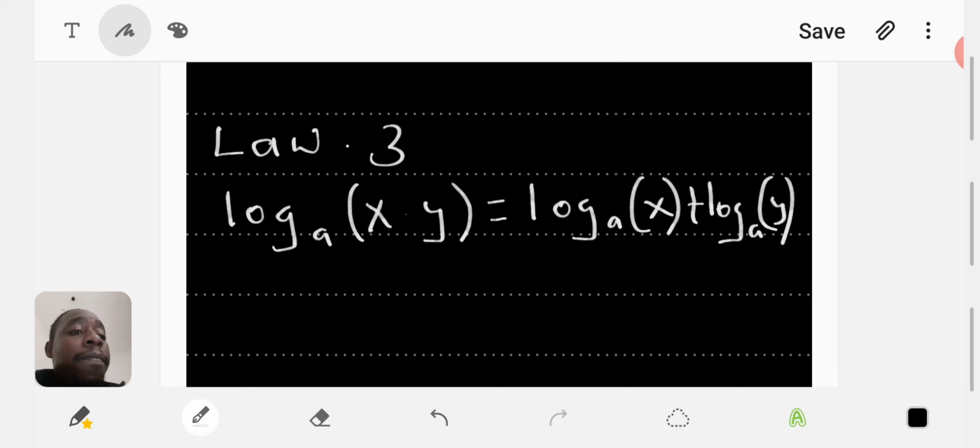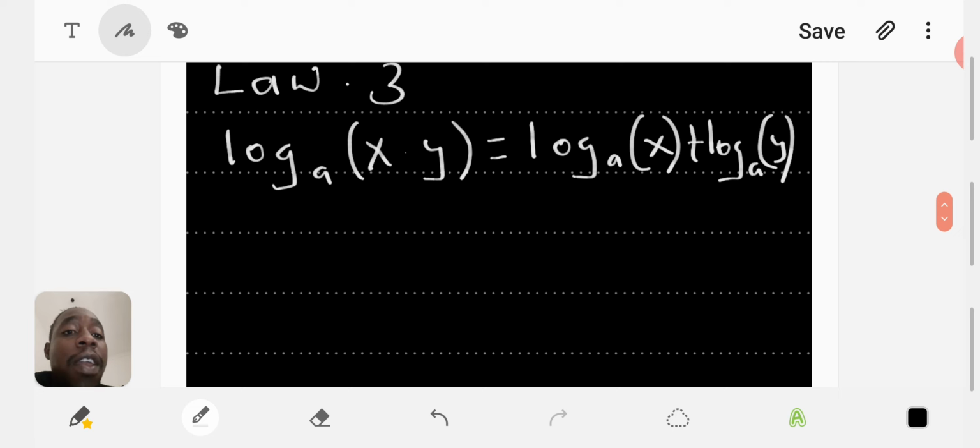So let's do some calculations, some playing around with this x and y and a and m and n, so that we prove that log to the base of a of x multiplied by y equals that. So our first step, what do we have to do?